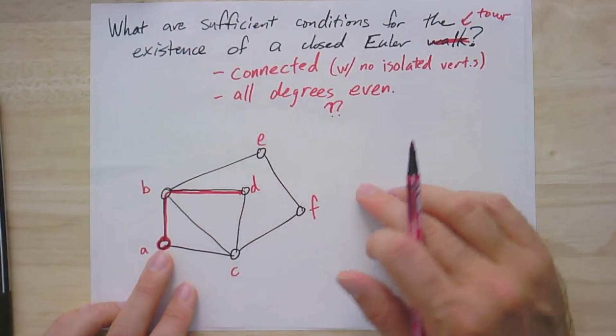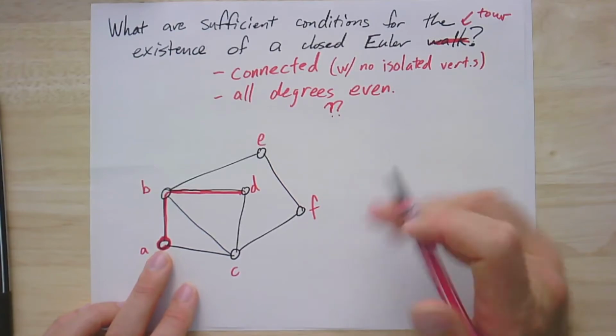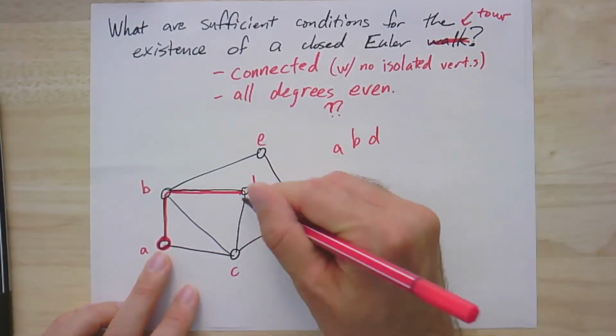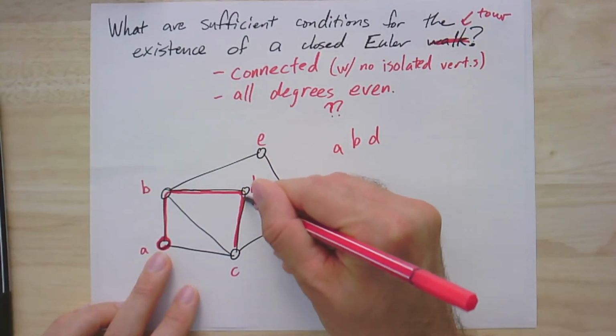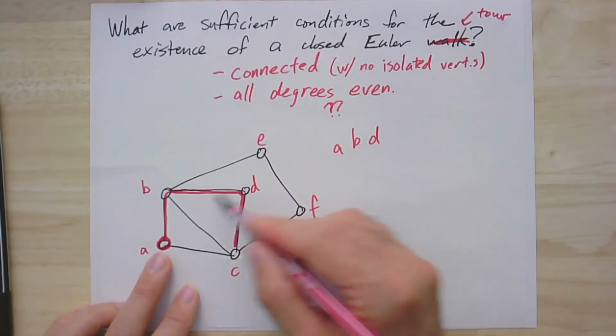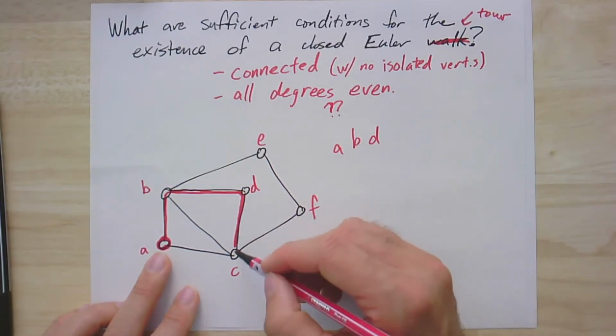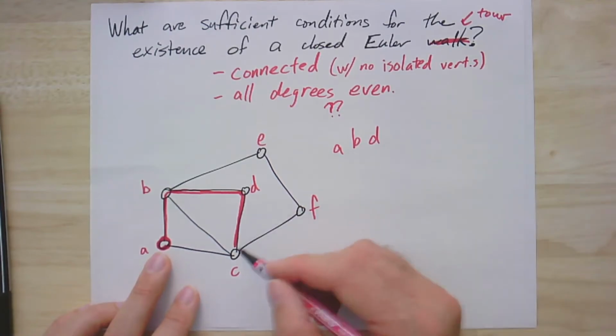Its remaining edges give me just degree 2, so it still has this property. And then I go, okay, I guess I only have one choice here. I go D to C. Now again, I've gone through D, and its result is degree 0. And now I get to C.